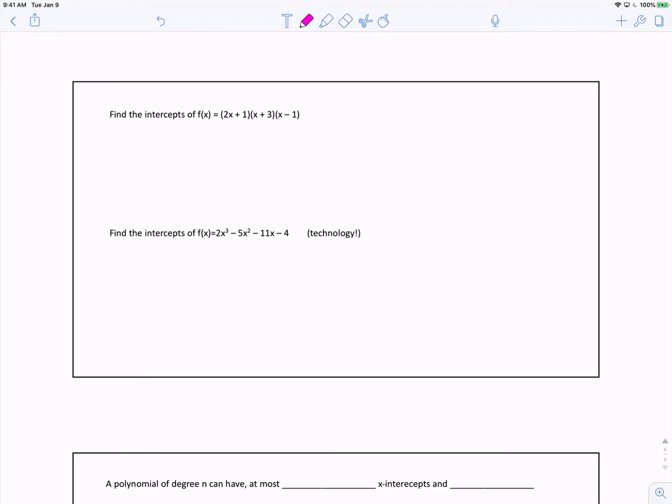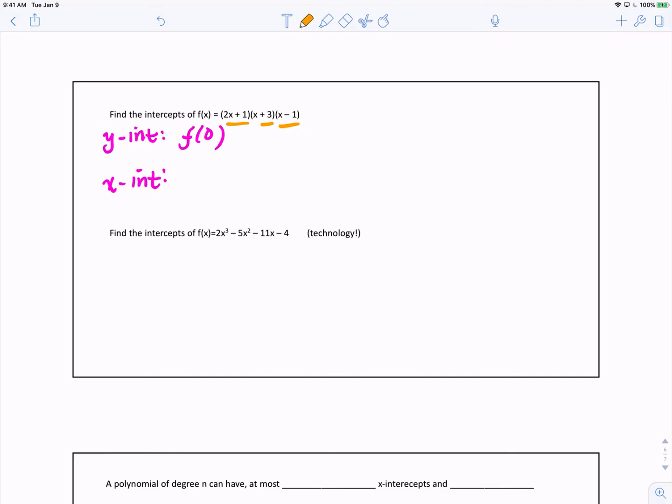So let's go ahead and why don't you see if you can do this one? I'll get you started. So to find the intercepts of f of x is equal to 2x plus 1 times x plus 3 times x minus 1. To find the y-intercept, you need to find out what f of 0 is, so plug in 0 for x. And to find the x-intercepts, you have to take each of these factors. Now notice there are 1, 2, 3 factors.